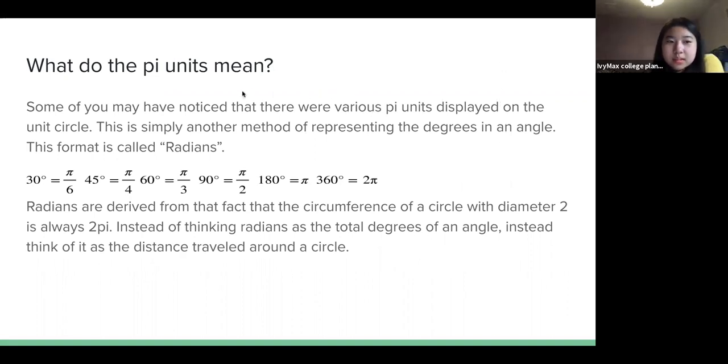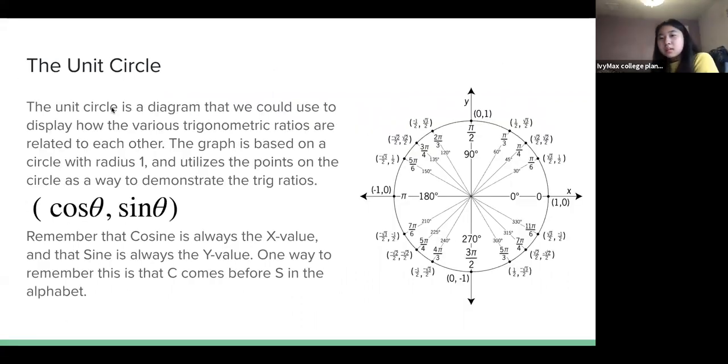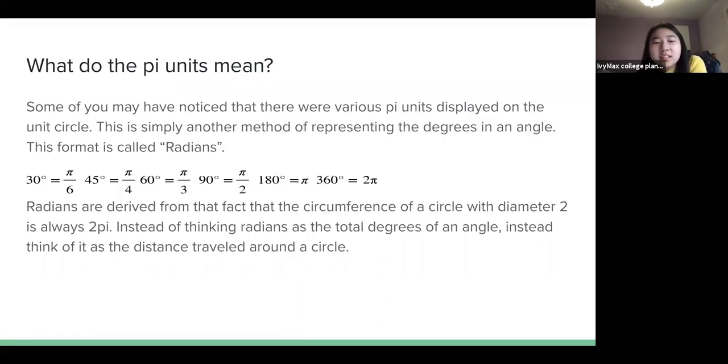Okay, so what does pi mean? This is related to the unit circle that is right here. The unit circle is really important, so make sure you write down your notes, or you can download a picture from the internet.